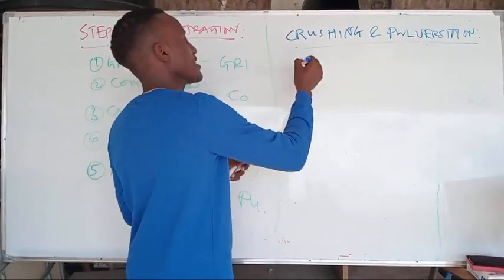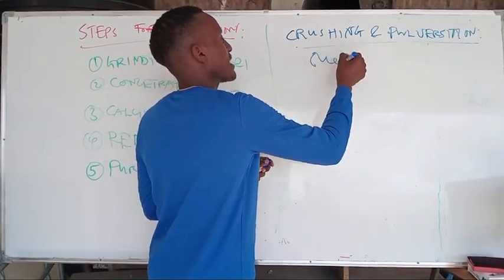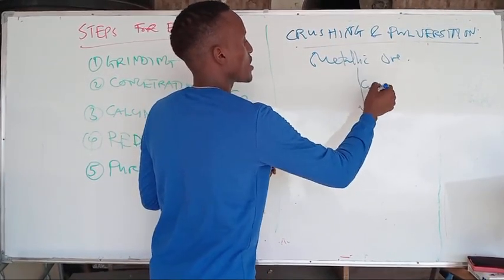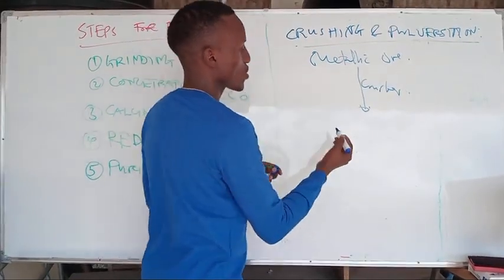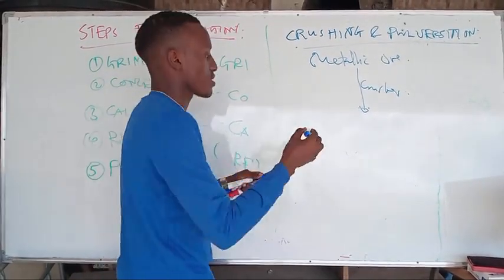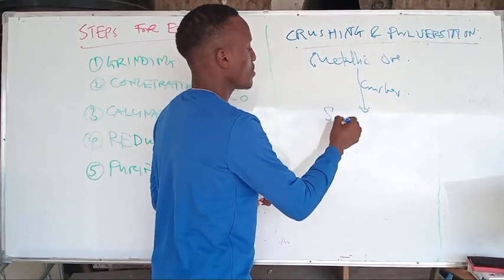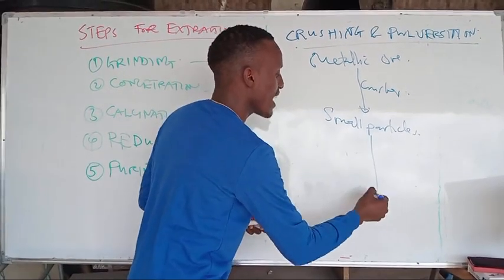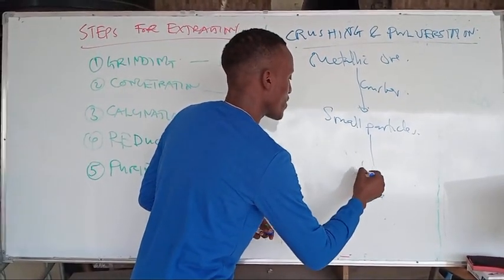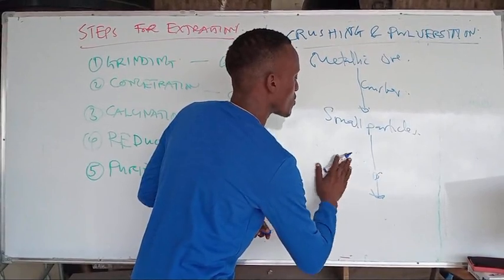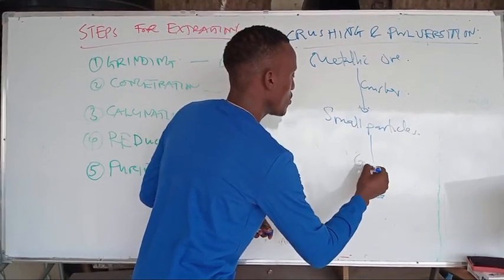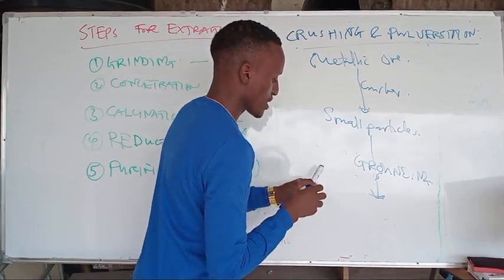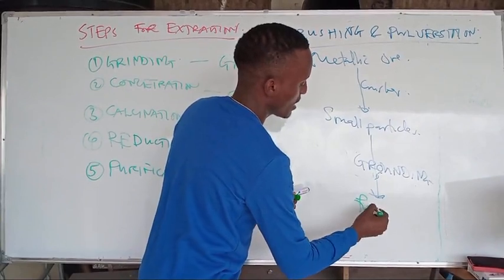You start first by taking a metallic ore, then you crush it using the crushers, so as to obtain small particles. These small particles are then ground. What's the product here? The product should be the fine particles now.